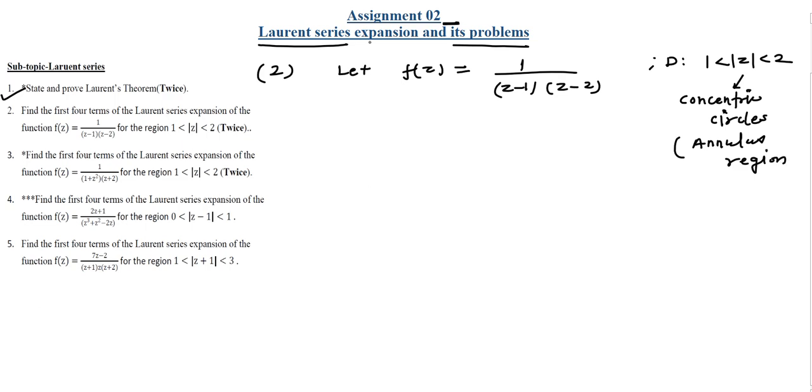Now first of all we have to write the given function f(z) in the simplest form. So 1 / ((z - 1)(z - 2)) can be written as 1 / (z - 2) - 1 / (z - 1).